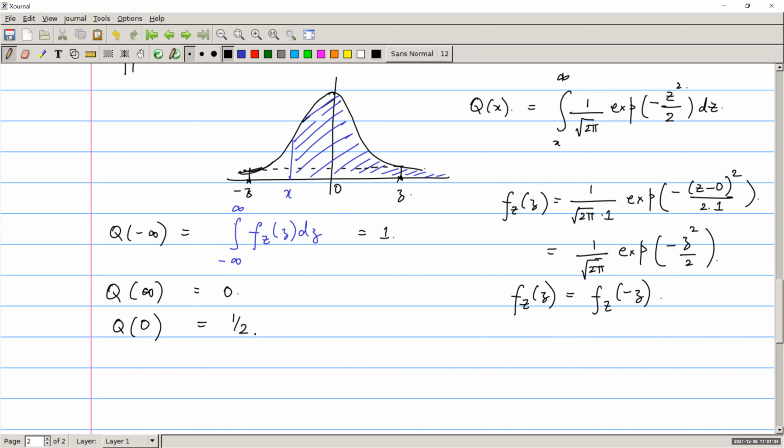Okay, so suppose we wanted the integral from a to b of the PDF. What would this be in terms of the Q function?